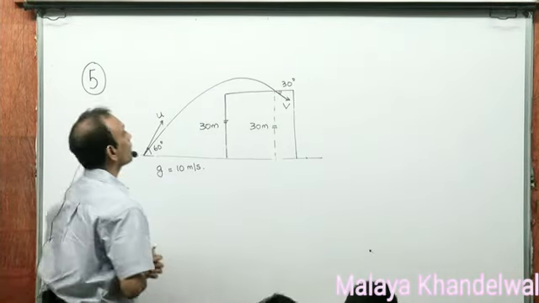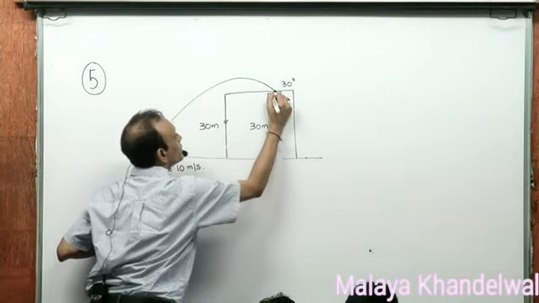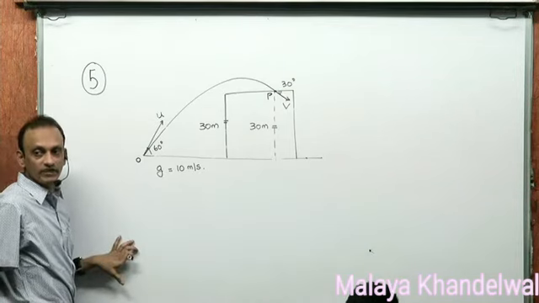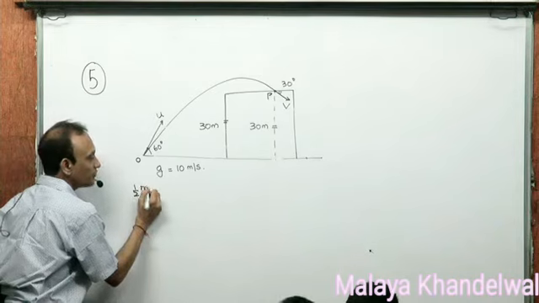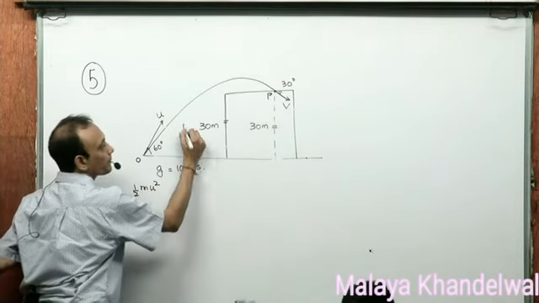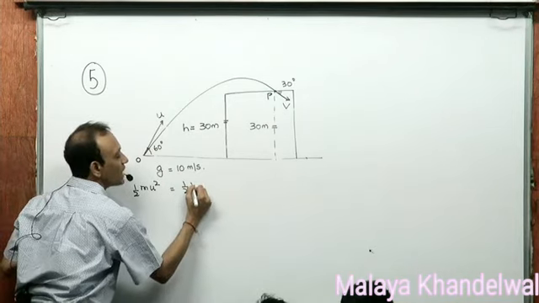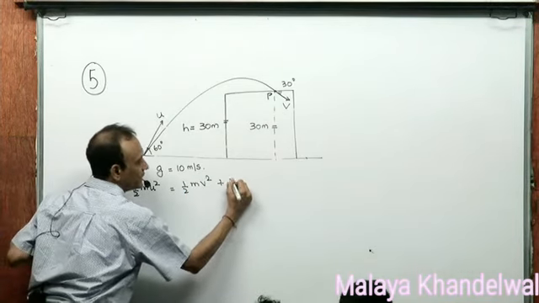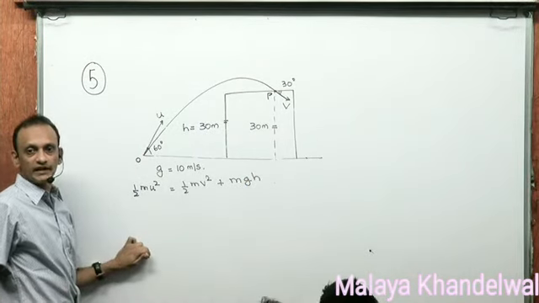Now, very clearly between points O and P, I can apply conservation of energy, right? It has only kinetic energy here, half m u squared. At this point, its kinetic energy is half m v squared, and in addition, it has potential energy mgh.